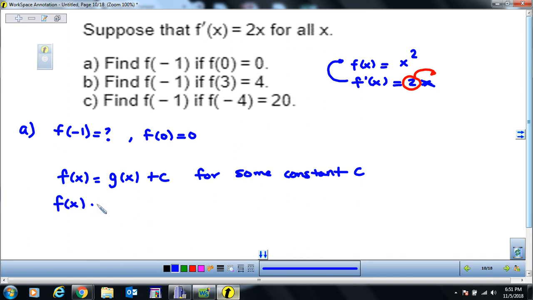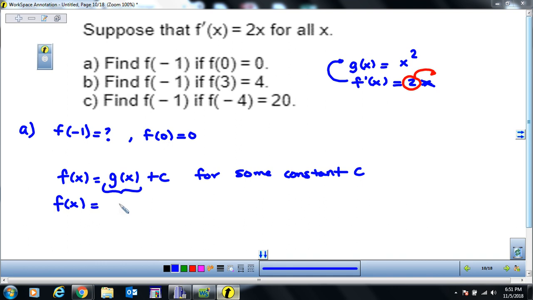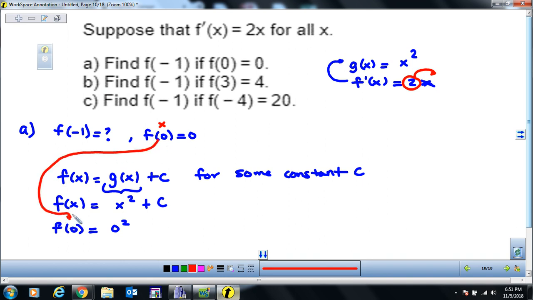I called it f of x here, but just to use the same variables as the corollary, I should have used g of x. So g of x is going to be x squared plus c. Now, given f of 0 being 0, f of 0 is equal to 0 squared, since the x value is the one you substitute in every x, plus the c, which I don't know.